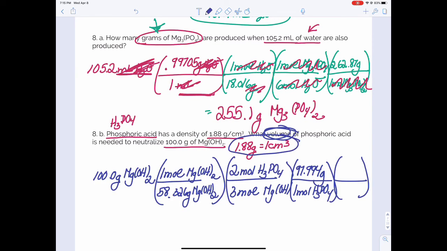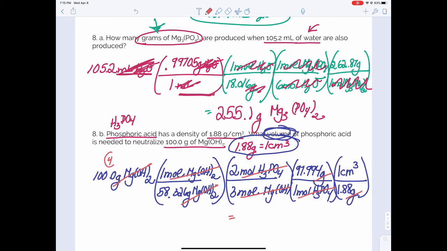I use the density of phosphoric acid, 1.88 grams is equal to 1 centimeter cubed, or 1 milliliter, right? Because that will make it so that the units will cancel out. Grams of magnesium hydroxide, grams of magnesium hydroxide. Moles of magnesium hydroxide, moles of magnesium hydroxide. Moles of phosphoric acid, grams of phosphoric acid, and grams of phosphoric acid.